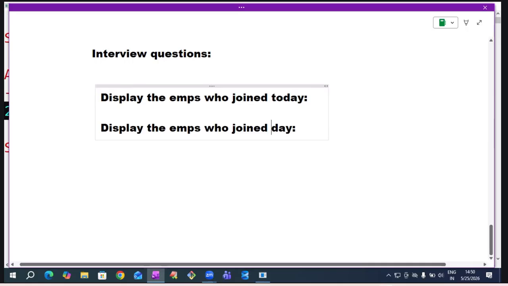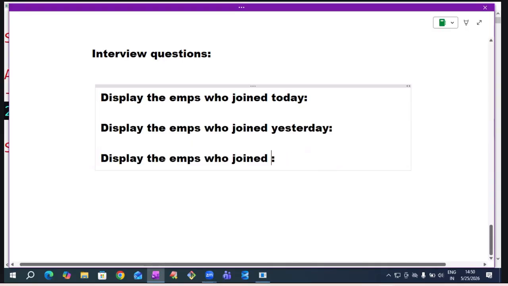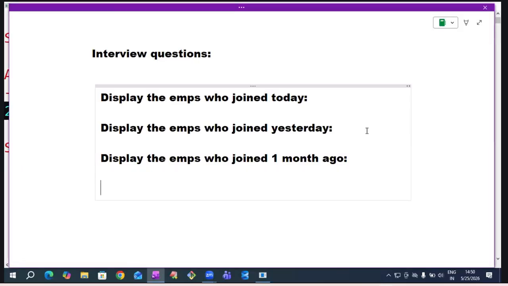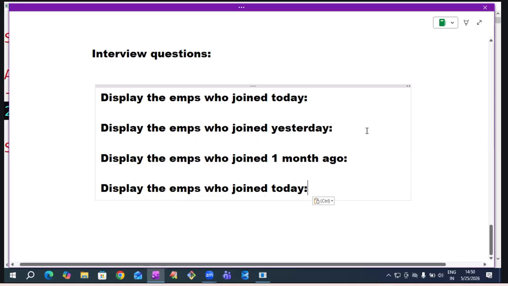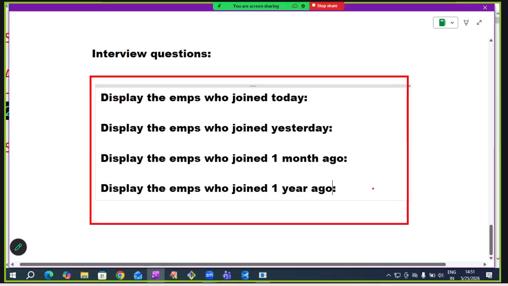Display the employees who joined yesterday. Yesterday means past date, subtracting days. Display the employee records who joined 1 month ago. Subtracting 1 month. Okay, display the employee records who joined 1 year ago. These are important interview questions, sir. We should know.